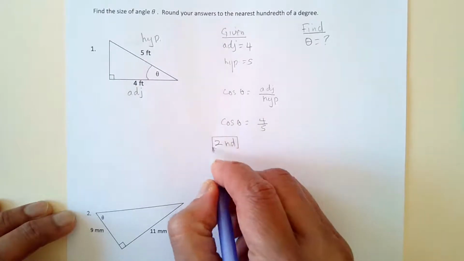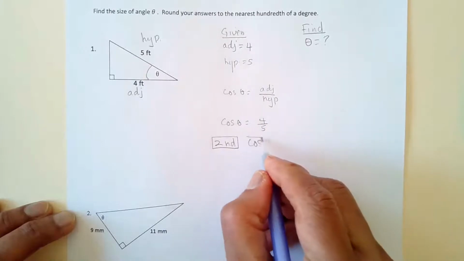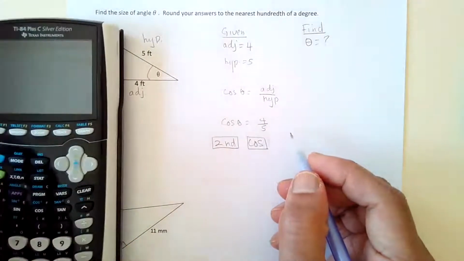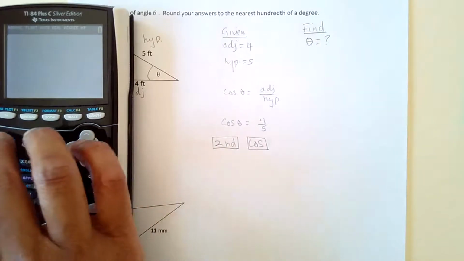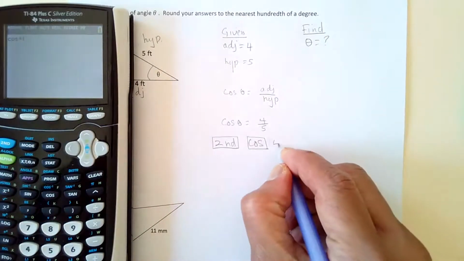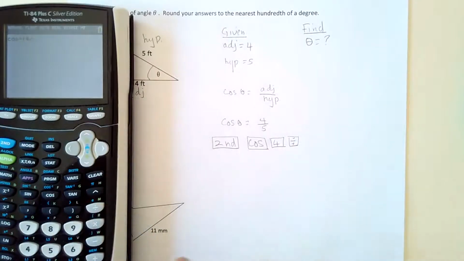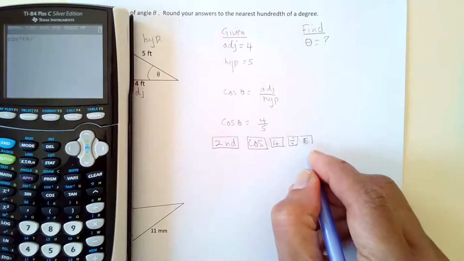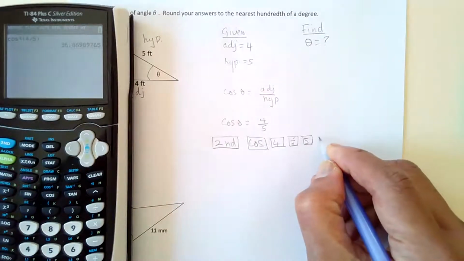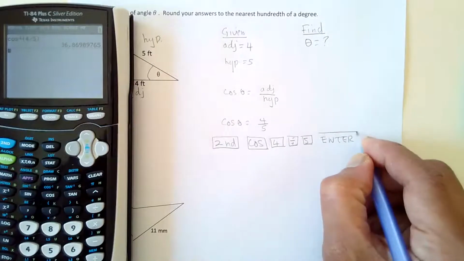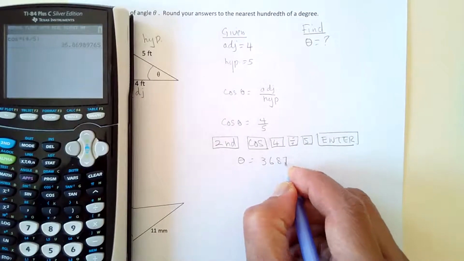Second cos 4 divided by 5. Close my bracket, enter, or equal in your case, gives me 36.87 degrees.